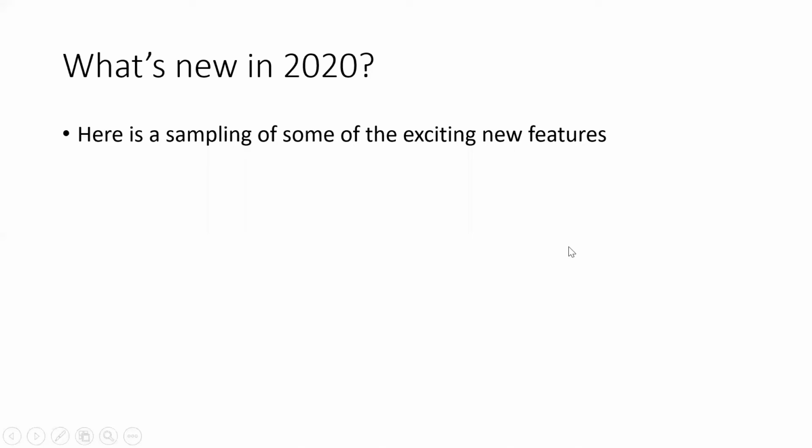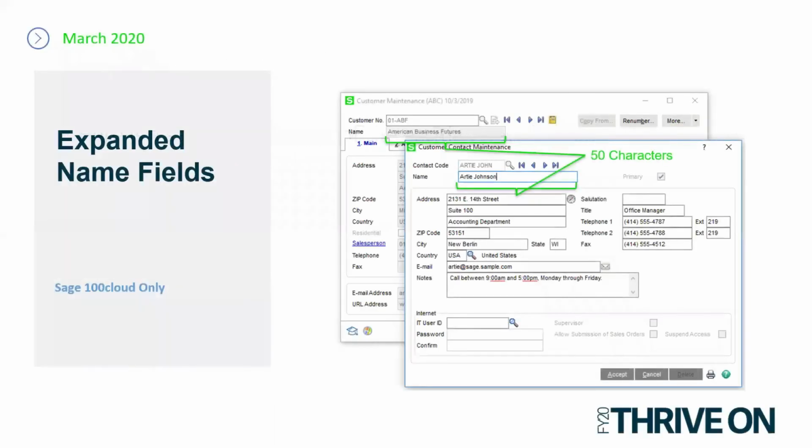So with the 2020 version, I'm going to show you some of the features that Sage has added. And also, if you'll notice, some of this says that it's Sage 100 Cloud only. So let me step back and explain a little bit about Sage 100 Cloud and the new features in that product.